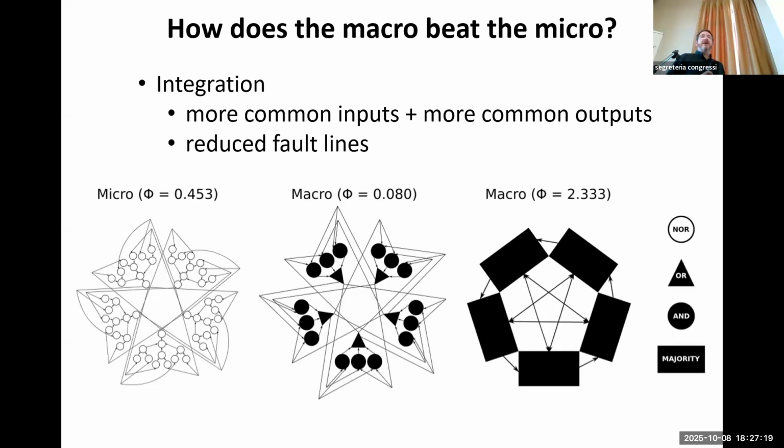And this time, how does it do it? So in the previous example, when we increased determinism and reduced degeneracy, that's kind of information. We were increasing information. Now, we're not changing information. We're actually changing integration. We're making our system more interrelated. There are less kind of fault lines or weak links in the system.